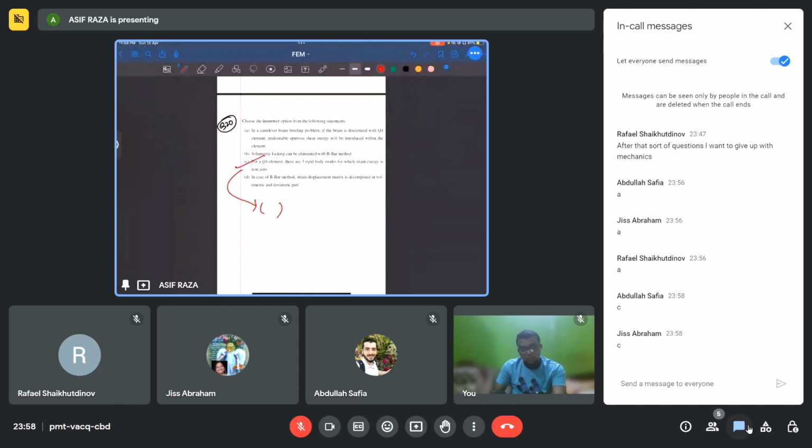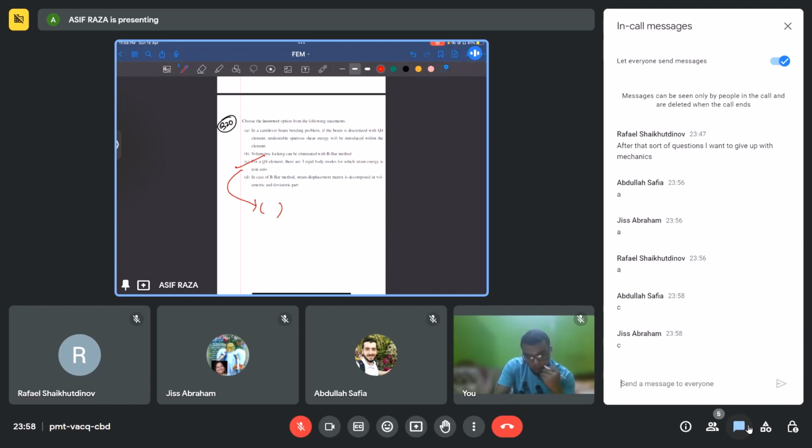It's not non-zero, it's zero. That's why it's called spurious. No, no. For rigid body mode, we get a strain energy as zero too. Okay.